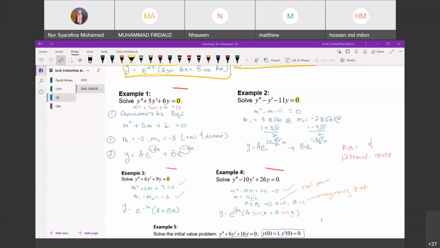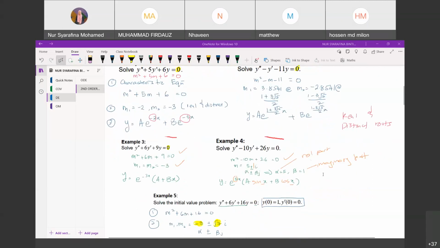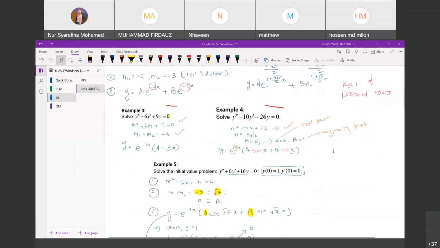Then you have the roots, which are complex roots, right?